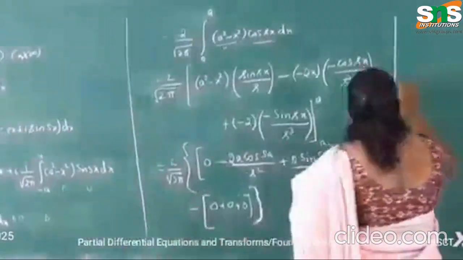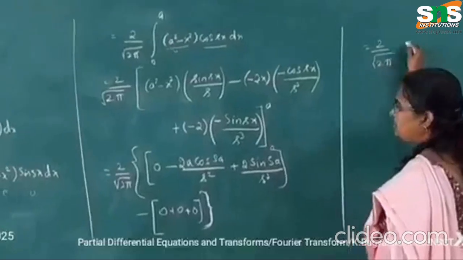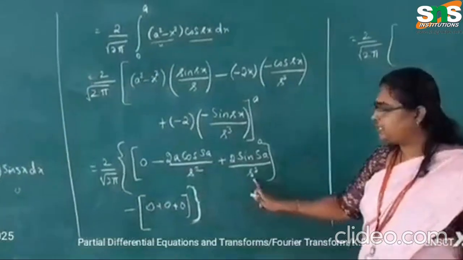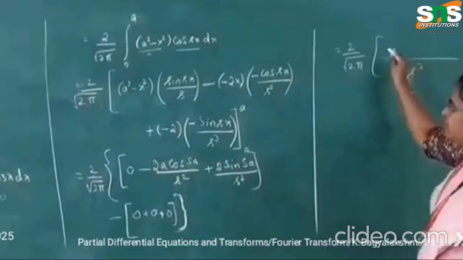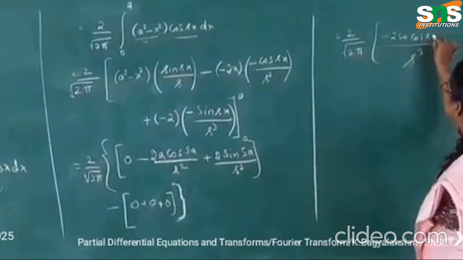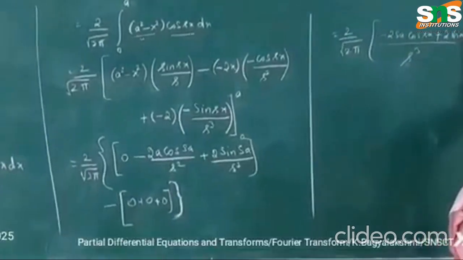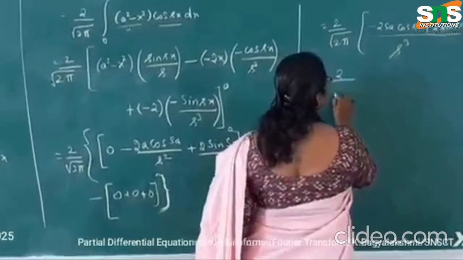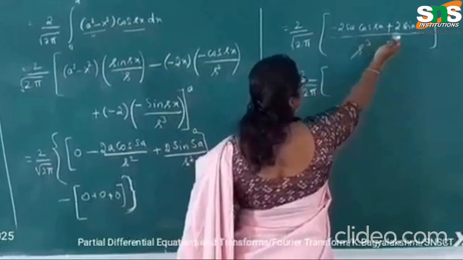We can conclude this is equal to 2 divided by root of 2 pi in bracket. Here the denominator is s squared and here s cubed, so take LCM as s cubed: minus 2 sa cos sa plus 2 sin sa will come. After this, write in order 2 divided by root of 2 pi and take this 2 outside.